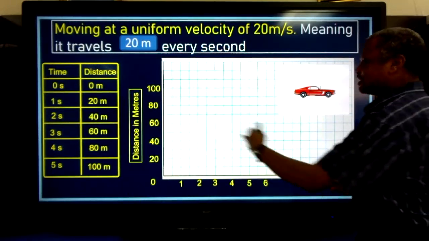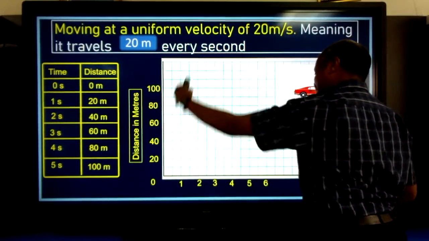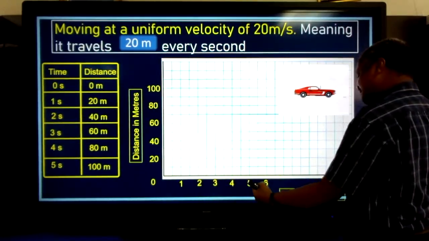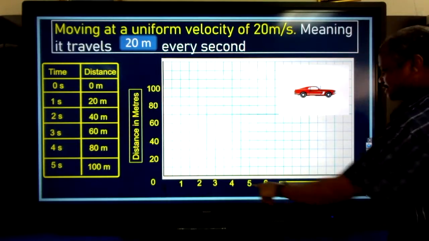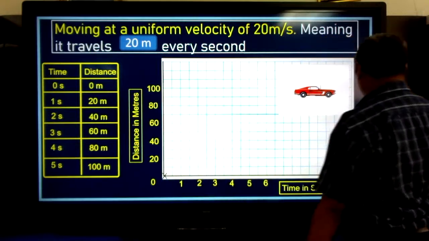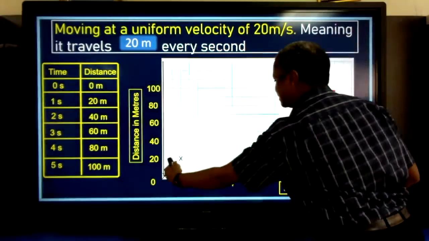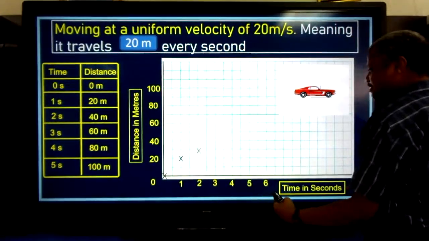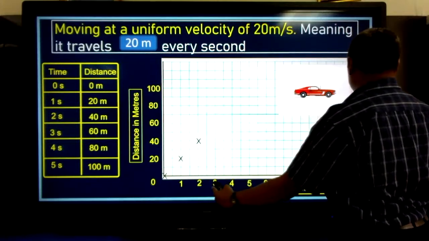Now, the graphical representation of an object that is moving at a constant or uniform velocity looks like this. You graph these details, with distance on the y-axis and time on the x-axis. So 0 at 0. At 1 second, it has moved a distance of 20. At 2 seconds, a distance of 40.